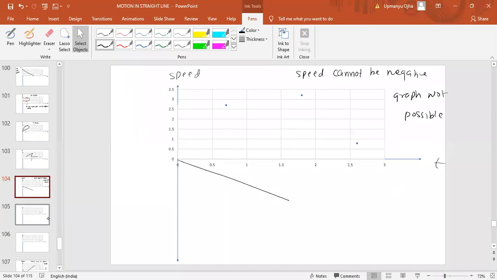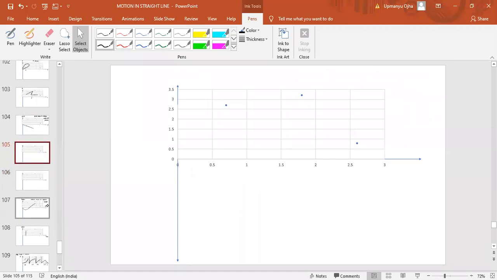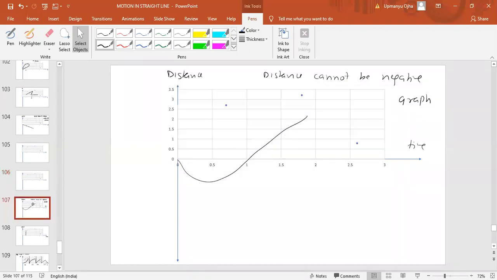See, deceleration means the direction of acceleration is on the negative side. Means if the body is moving in the positive side and you apply the brake at a constant rate, that means the acceleration is on the negative side at a constant rate, then we say deceleration. Correct now?